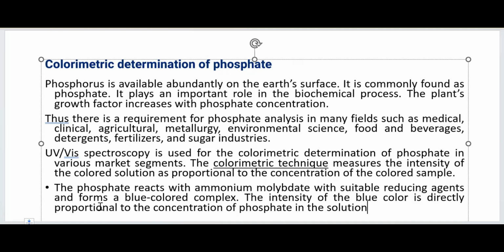So with this, I think we have done with the overview of UV visible spectrophotometry. I won't say we have learned it in detail, because the technique that we have to learn is just an introduction of the technique.